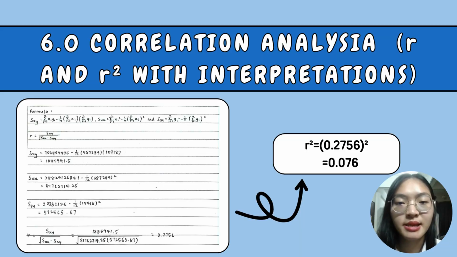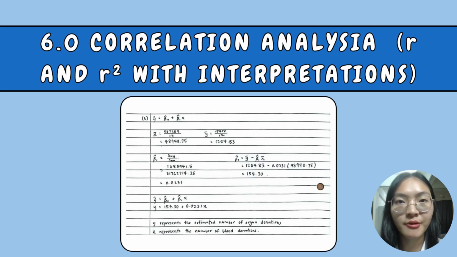This tells us that only 7.6% of the variation in organ donations can be explained by the number of blood donations. The remaining 92.4% is due to other factors, such as public awareness, health policies, or medical facilities.